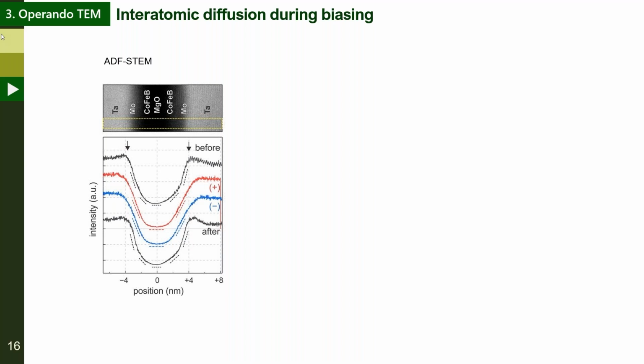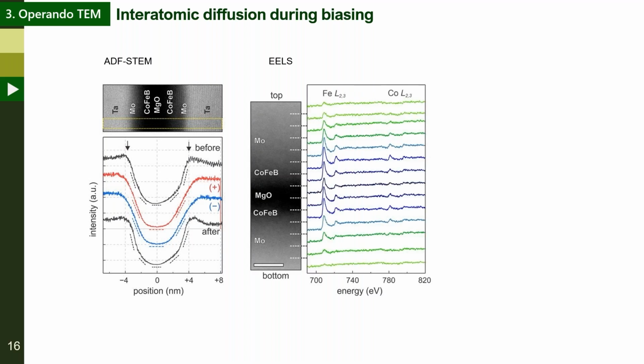After checking this structural change, we also acquired core-loss edges, and tried to observe any atomic distributions from these core edges. Here we acquired iron L and cobalt L edges, as shown.